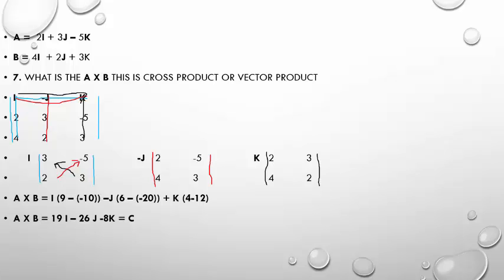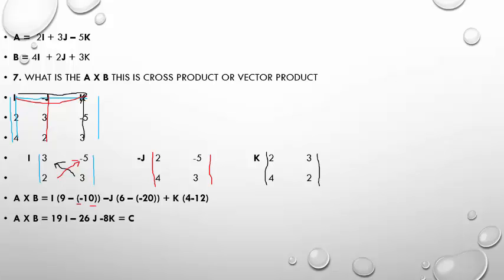So we have I into 9 minus, and you need to put a bracket here so that you don't make a mistake when you open the bracket. Then 2 times 3 will give us 6. Then minus J into 4 times minus 5.